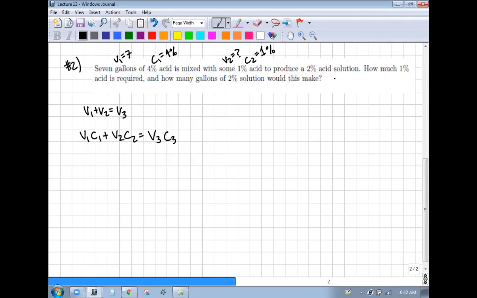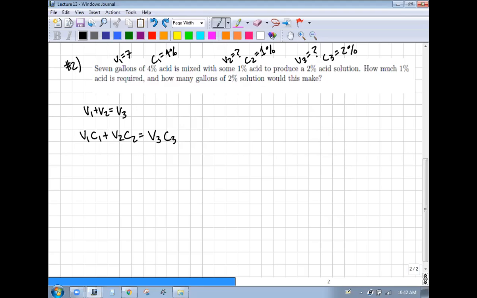And that will produce a 2% acid solution. They don't tell you how much acid solution, but they do tell you its concentration is 2%. So how much 1% acid is required? That's your V2. And how many gallons of 2%? That's your V3. So what we need to find is V2 and V3.